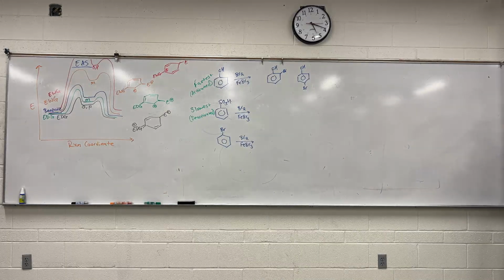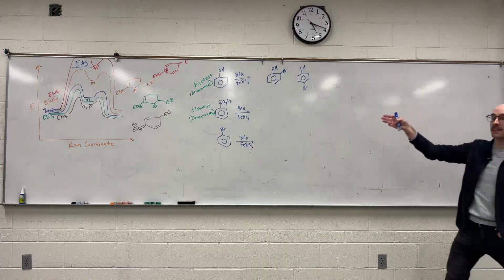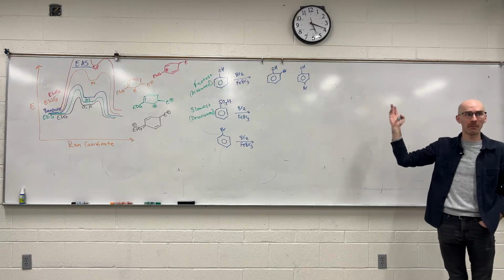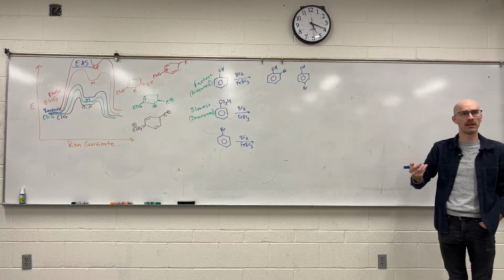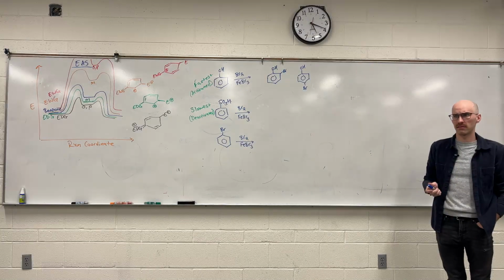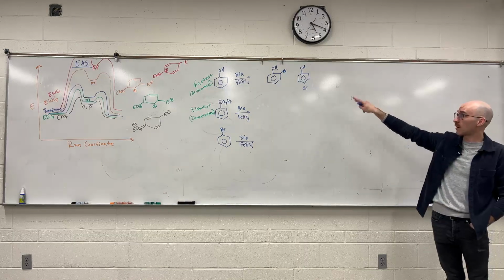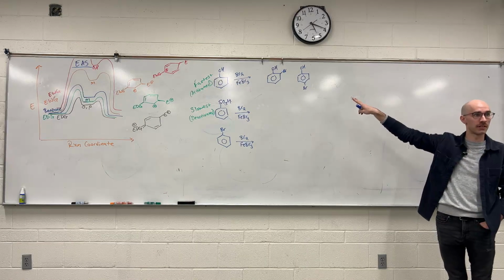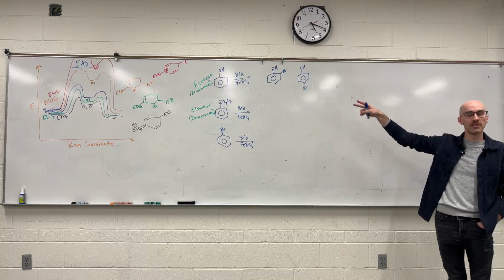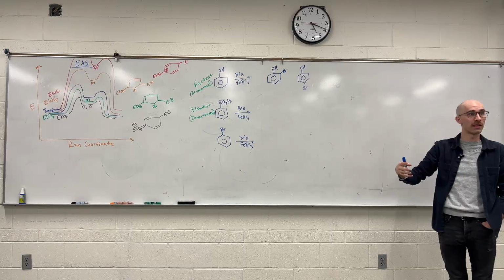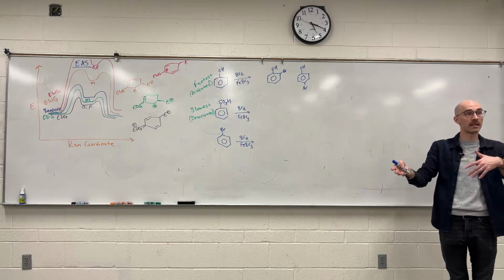I have a question for you. If I'm asking you to do a synthesis, and it's obvious that you need to brominate phenol, but you don't want both of those products, you just want one, how do you go about that? If you're in a lab, you can actually separate these two structural isomers. They have different properties, so it's very likely that they will pass through column chromatography differently, and you can isolate one from the other.